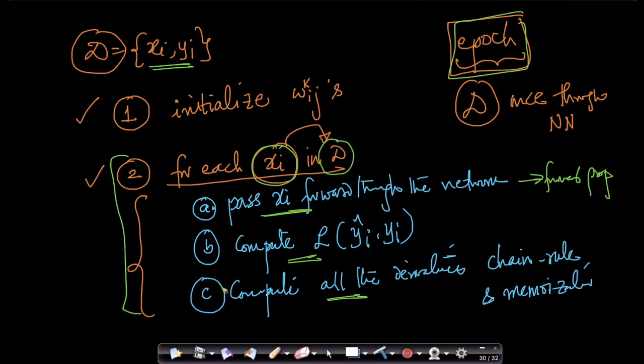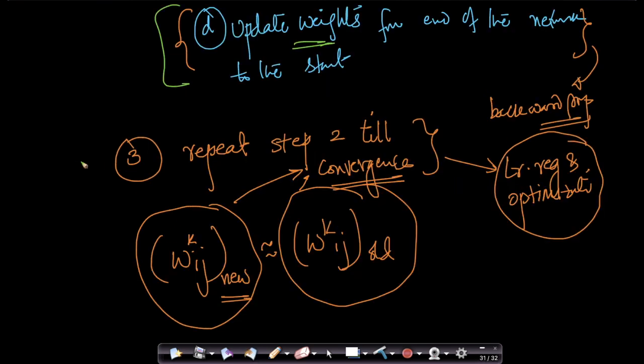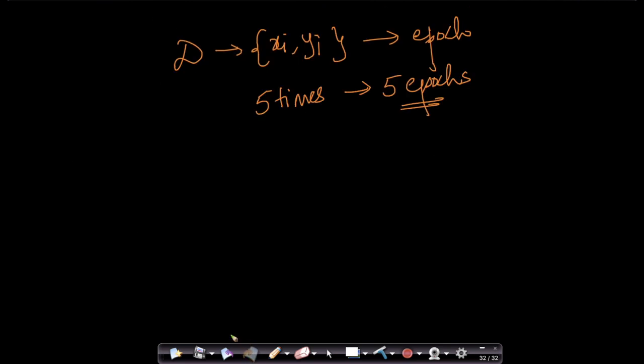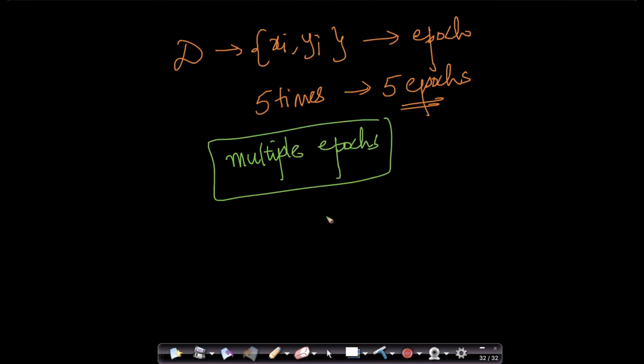And you typically run multiple epochs, because step 3 says repeat the whole of step 2 until convergence. In the real world, for neural network training, you run the model for multiple epochs, which means you pass your data set through the network multiple times.